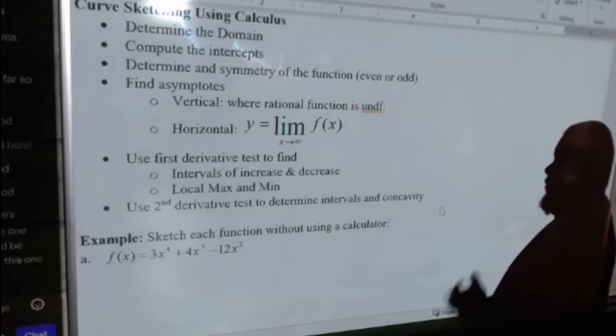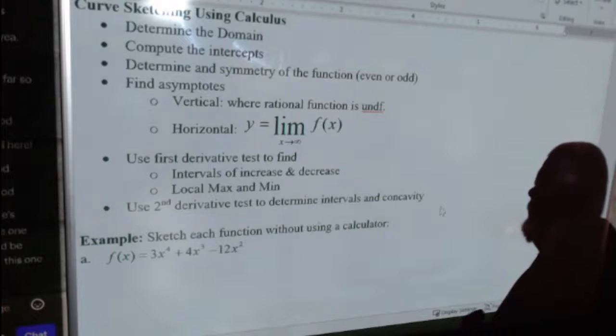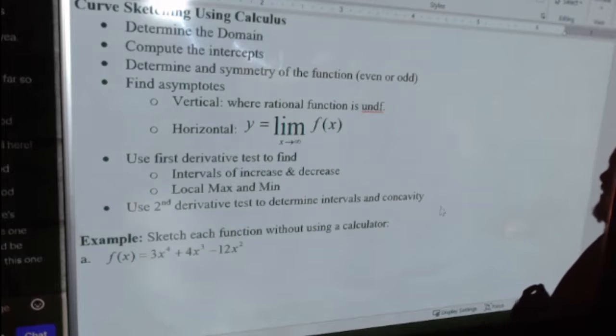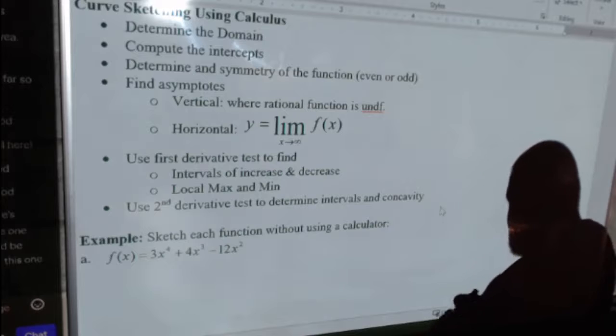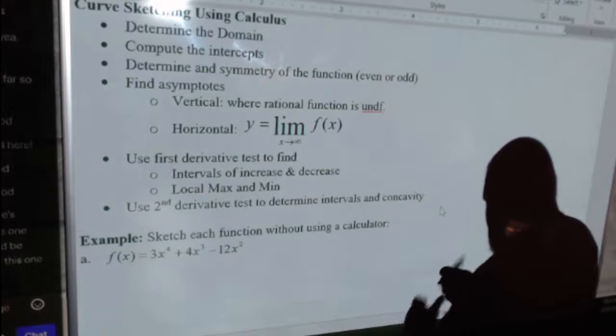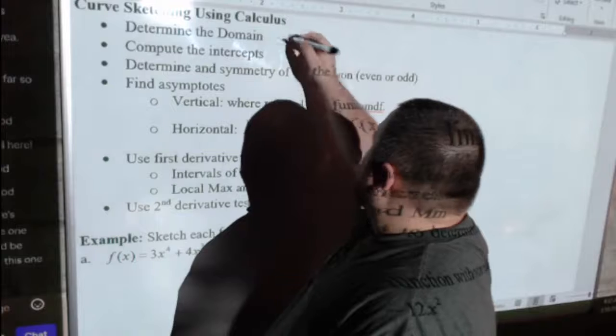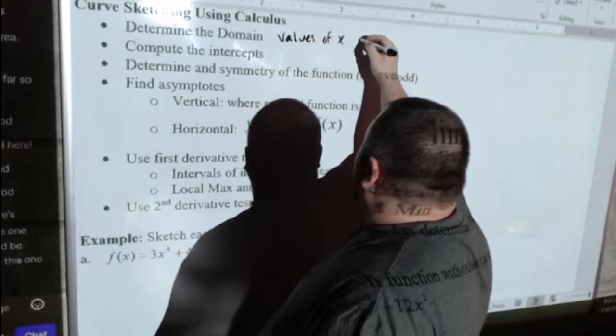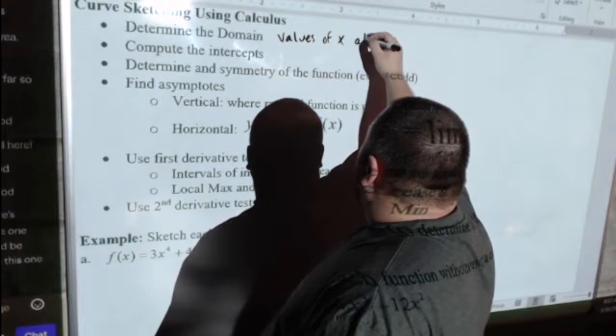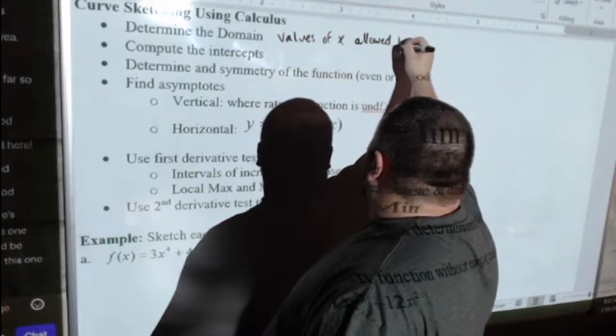We have to determine the domain. We should compute the intercepts. So let's just make some notes here real quick. Computing the domain, that is values of x you are allowed to plug in.